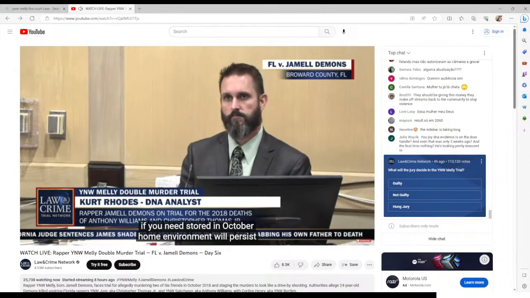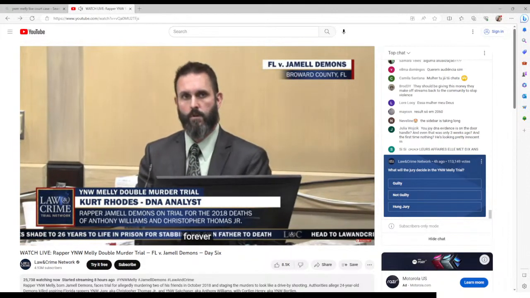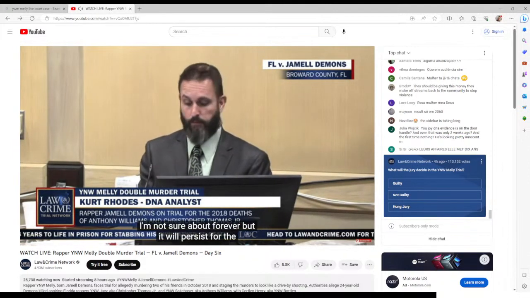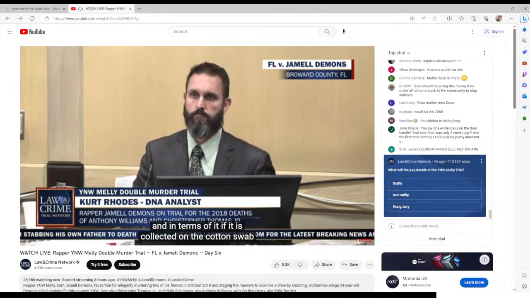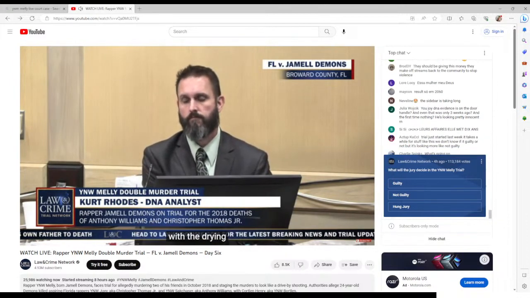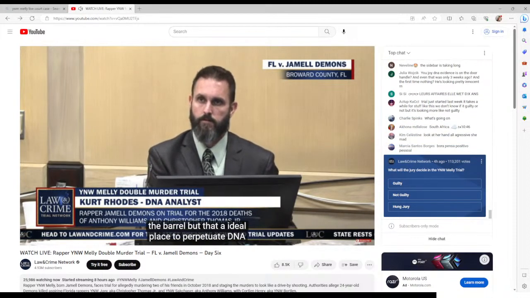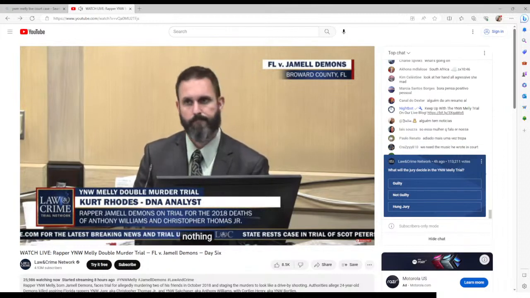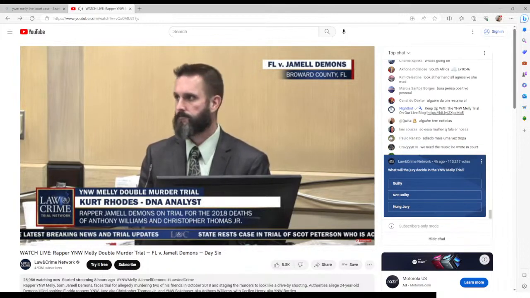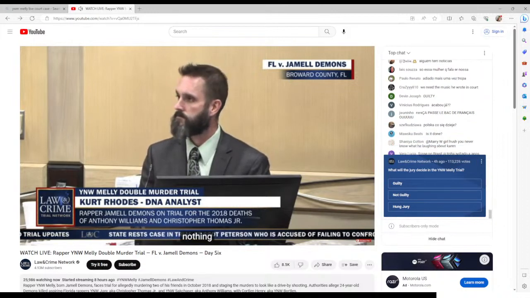If DNA is stored in an optimal environment, will it persist forever? I'm not sure about forever, but it will persist for decades. And if it is collected on a cotton swab that is dry and sterile, is that an ideal place to perpetuate DNA storage? Yes. Nothing further. I have one or two questions based on that, if the court will allow me. Sure, go ahead, sir.